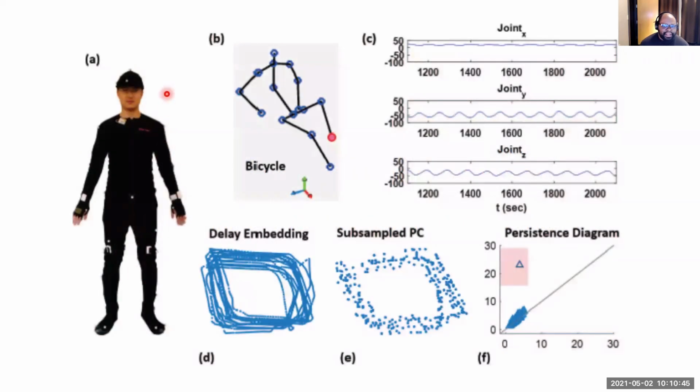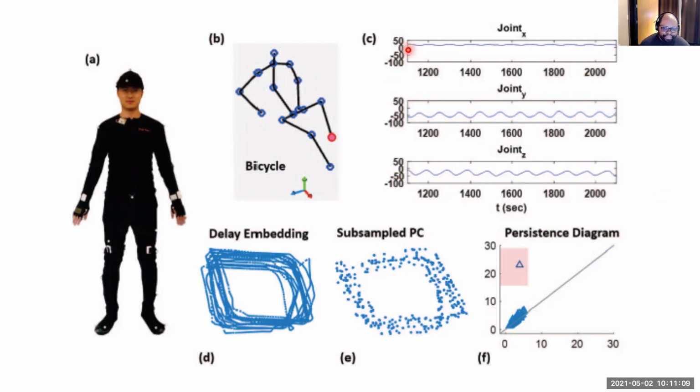They take an individual and they put motion capture sensors in the joints. And they essentially put them through several behaviors, biking, golfing, running. And then what they get are these time series from each one of the sensors. And you get them in the 3D dimensions.